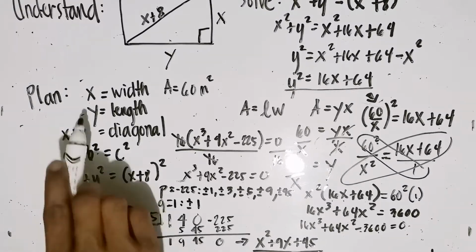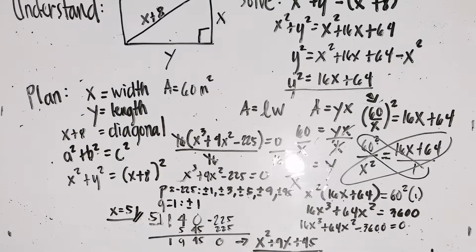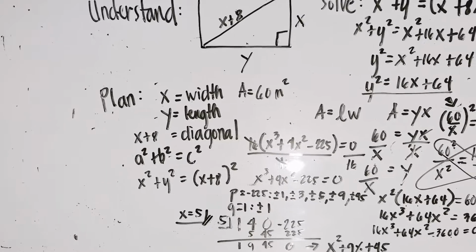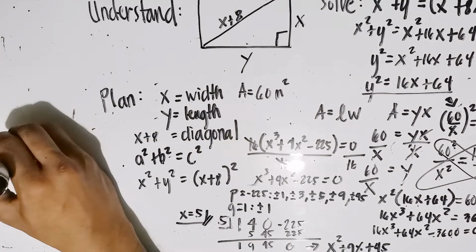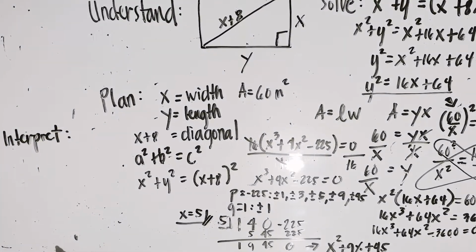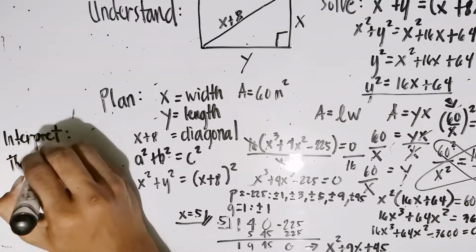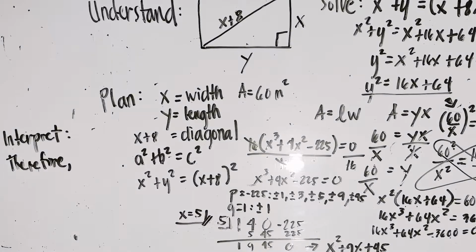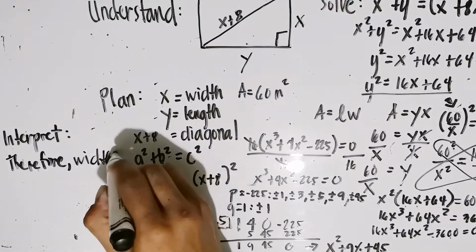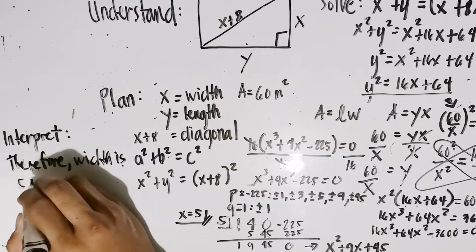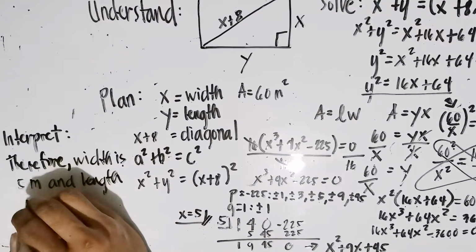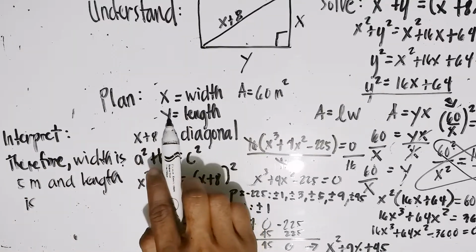And x is width. So it means, let's interpret our problem. So therefore, width is 5 meters and length is, y is the length.